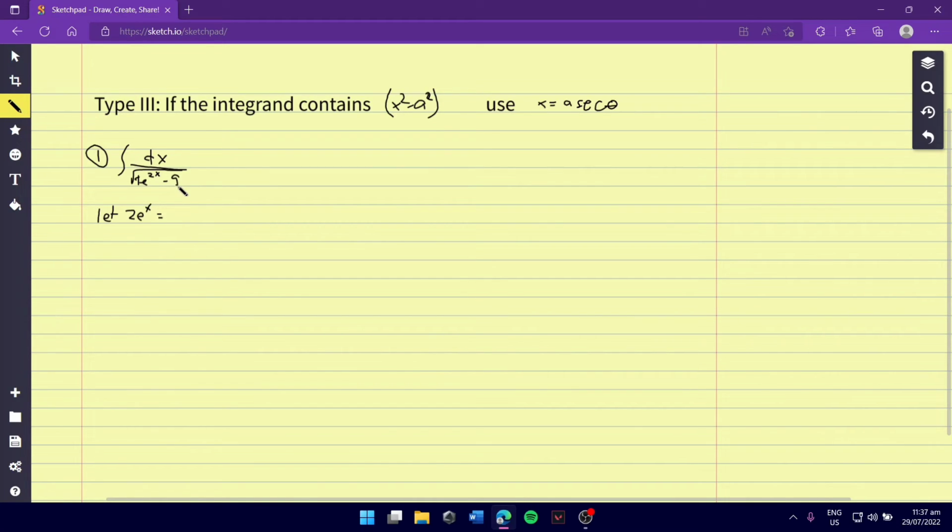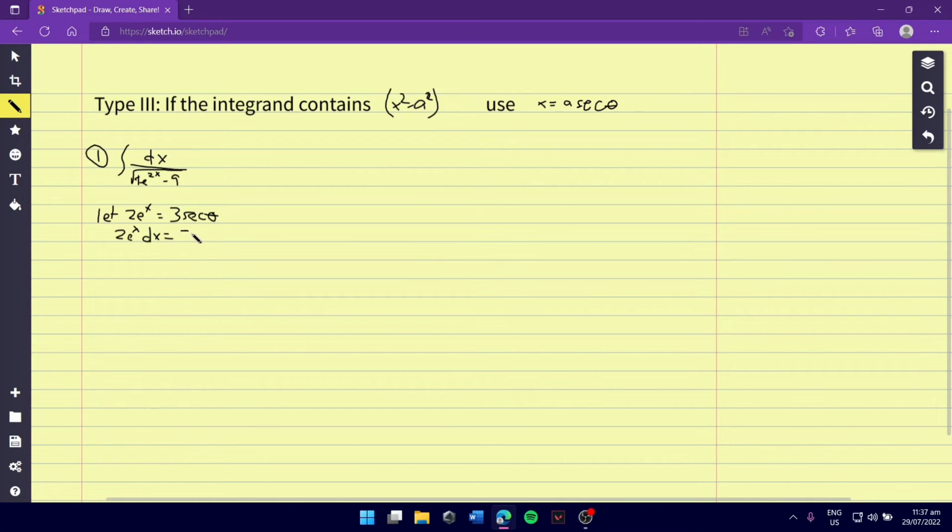So here we have our a, which is 9. The square root of 9 is 3. So we'll put 3 secant theta. Next, you'll find the derivative of 2e^x dx.